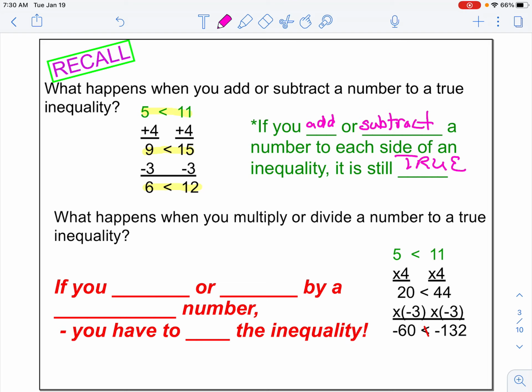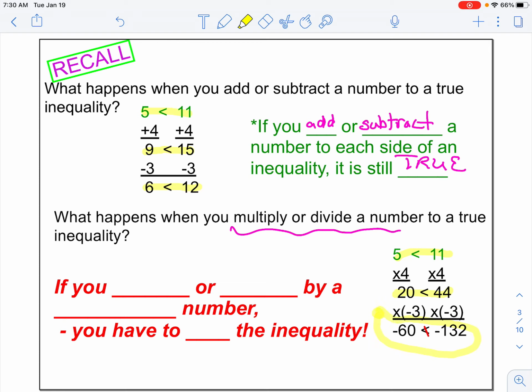But this is not the case when we multiply or divide an inequality. So look at this inequality that we started with before. We have 5 is less than 11. If we multiply by a positive number like 4, then we get a true inequality. But if we multiply by a negative number right here, then we do not get a true inequality.